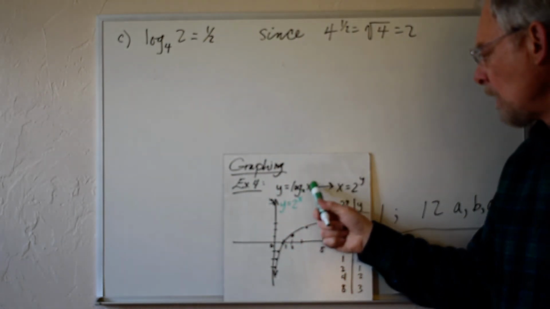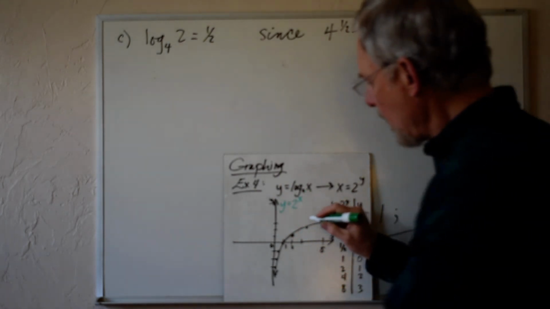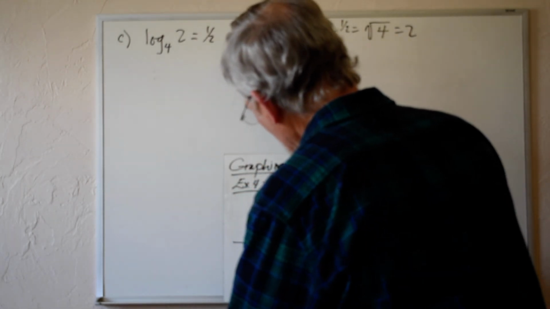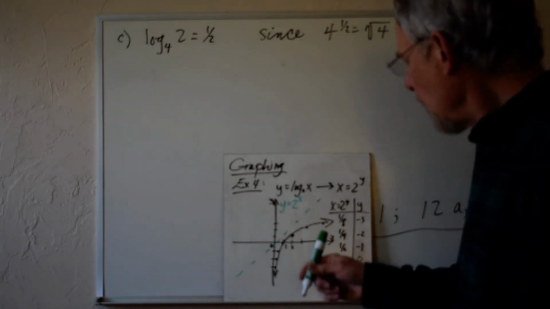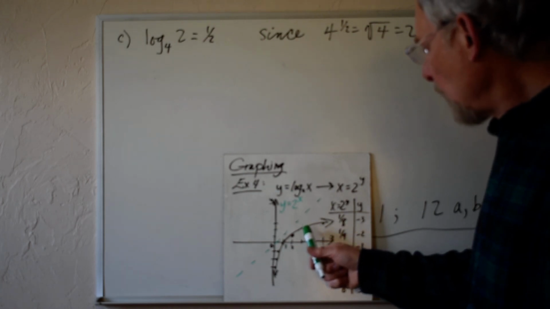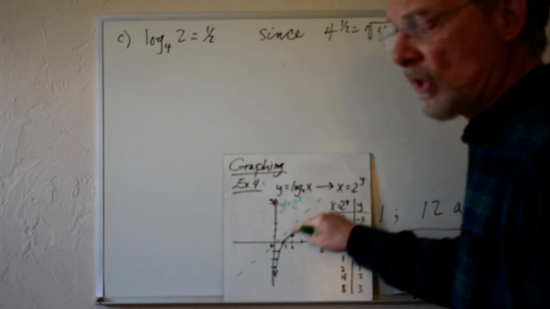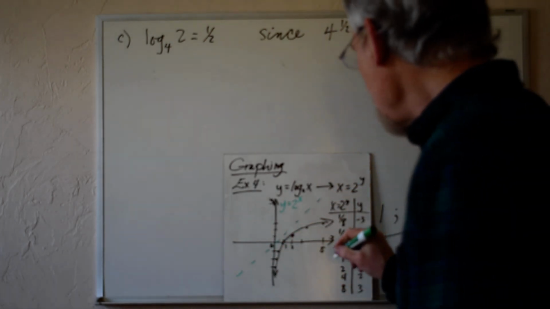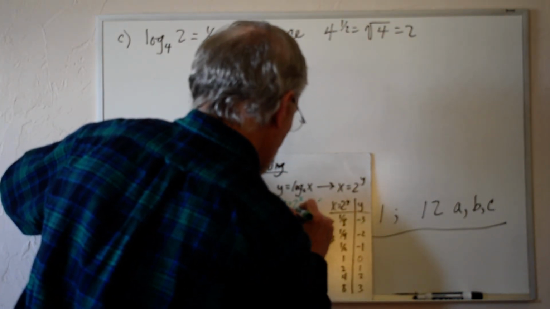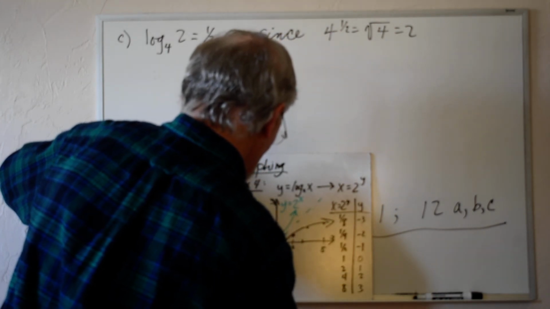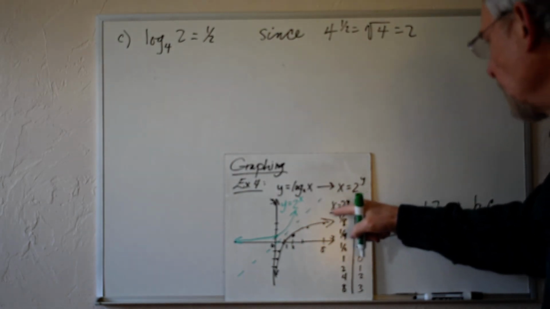Y equals the log of x to the base 2 is the inverse function of y equals 2 to the x. Now remember, when we looked at inverse functions, and we looked at graphing inverse functions in particular, we said the inverse is always symmetrical to its original function, flipped about the 45-degree angle, which is the line y equals x. We did look at that graph, y equals 2 to the x, and it looked like that.